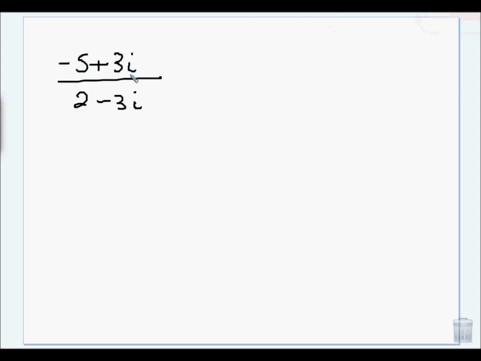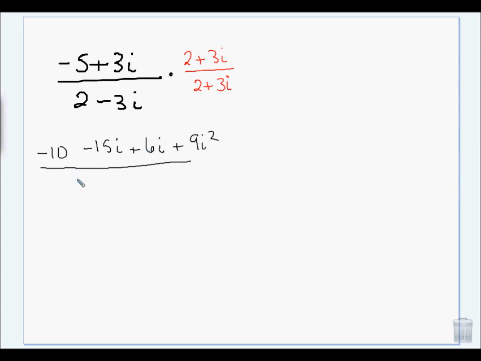Negative 5 plus 3i, or 2 minus 3i, so I'm going to multiply this by 2 plus 3i over 2 plus 3i. I have to FOIL the top, so I have negative 10 minus 15i plus 6i plus 9i squared. And on the bottom I get 4 minus 9i squared, because I only have to multiply the first and last.